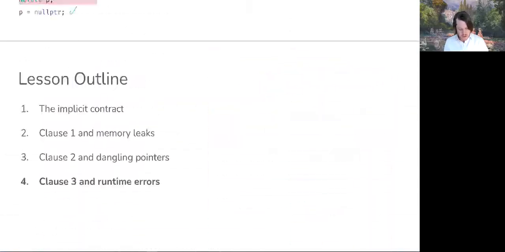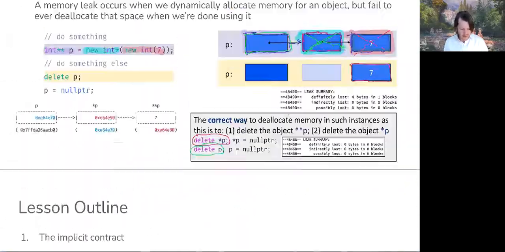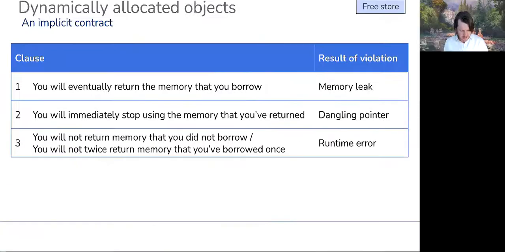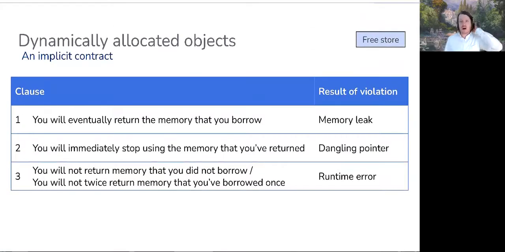So I guess just to recap, scroll back up here to the top. We've gone through this implicit contract that we have essentially entered with the free store manager when requesting dynamic memory. We went over 3 clauses, the first one being that we will eventually return the memory that we borrow, and if we fail to do this, a memory leak can ensue. Furthermore, the second clause of this contract is that we will immediately stop using the memory that we've returned, and we said that the result of violating this clause would be a dangling pointer.